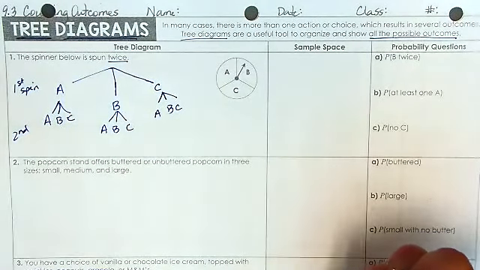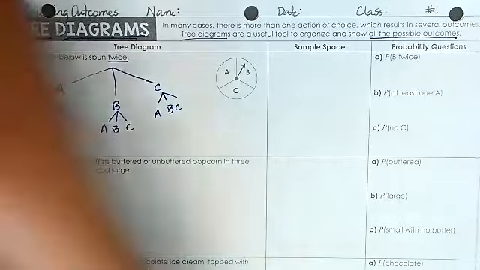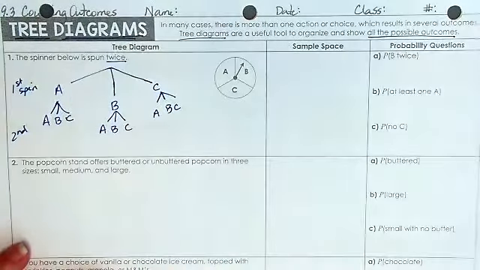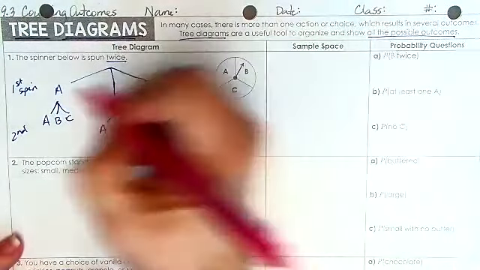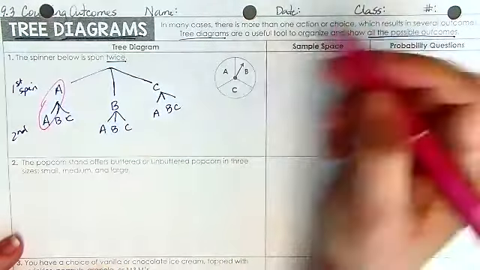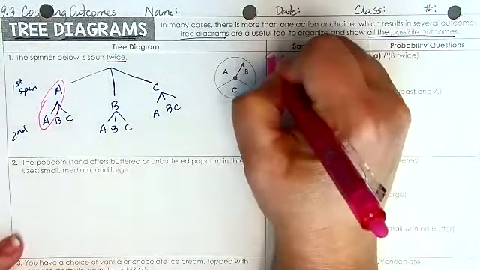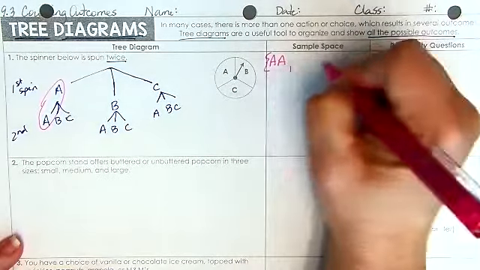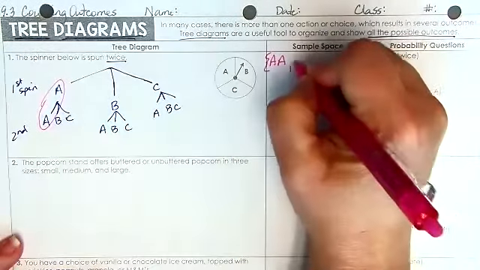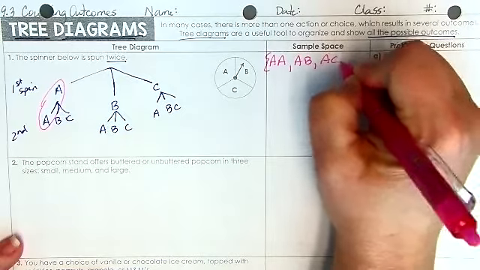So the sample space that I come up with is found by looking at what my possible outcomes are. I can get AA. We're going to list these, and then we can go from there. AA, AB, AC.